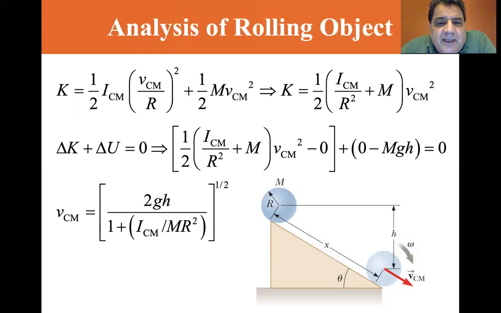If we divide both sides by that, we'll get v² equals 2gh over 1 plus I divided by mr². Take the square root of it. So the velocity of the center of mass is equal to the square root of 2gh divided by 1 plus the moment of inertia divided by mr².